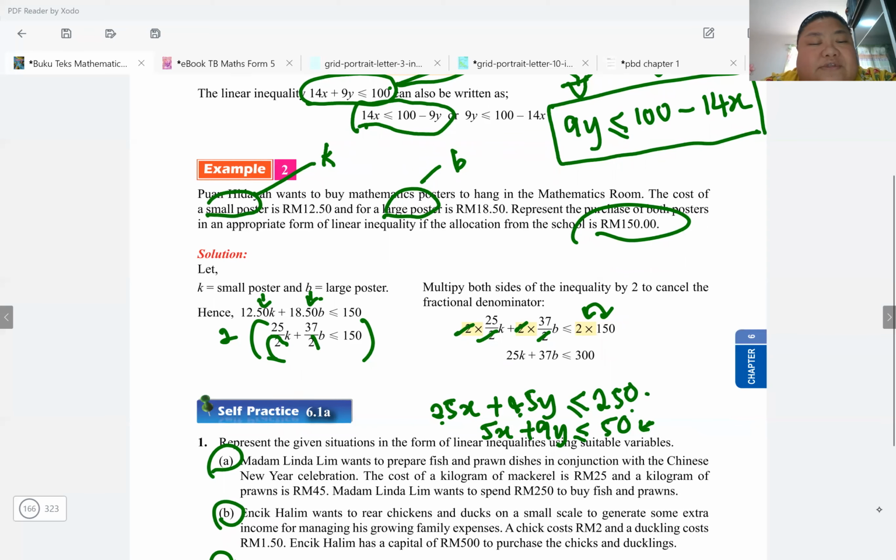If you don't like to see the fraction, you can get rid of the denominator. We are lucky because we have the same denominator, that is 2.